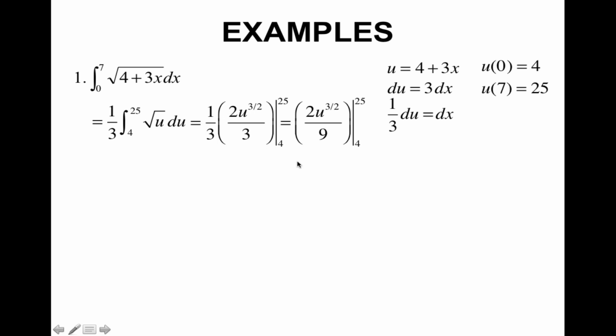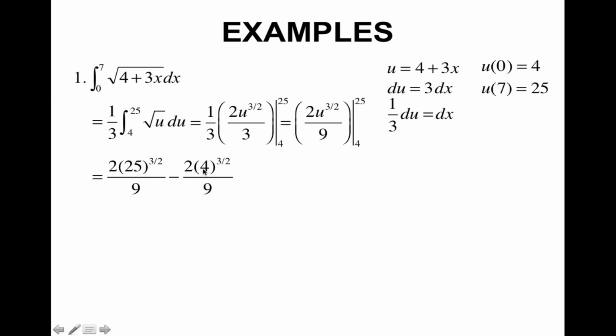Now I'm going to plug in 25 for u and subtract the value that I get when I plug in 4 for u. So when I do this, without a calculator, I can evaluate this. The 3/2 tells me that you're going to take the square root of that number and then you're going to cube it. So the square root of 25 is 5. 5 cubed is 125.